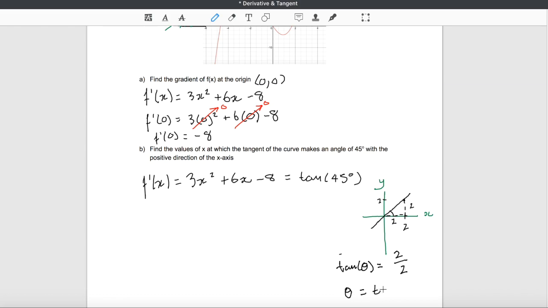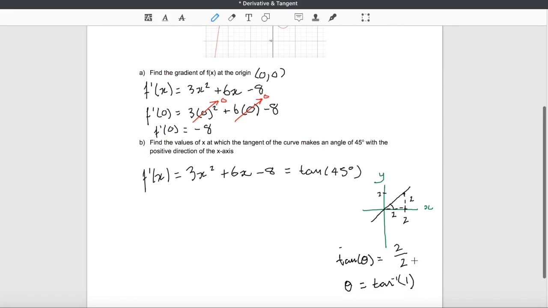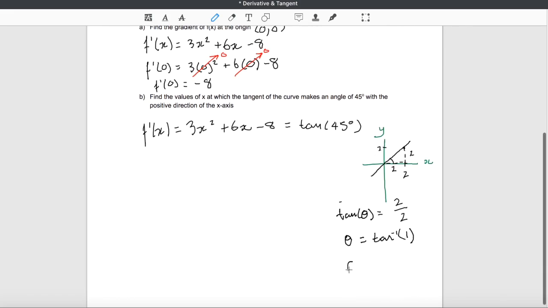We can say tan inverse of 1. And that gives us an angle of 45 degrees. So what we're saying is that for the angle to be 45 degrees, the rise and the run of that line have to be the same so that the slope equals 1.